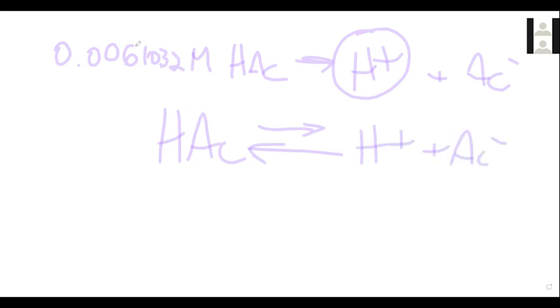We know the concentration of this, but we don't know the concentrations of either one of those. But what do we know? What is connecting the concentration of this and the concentration of these two things? There's something that connects those things.